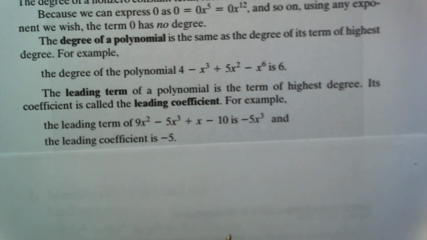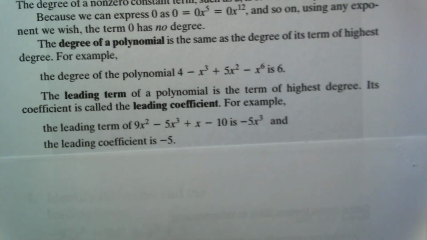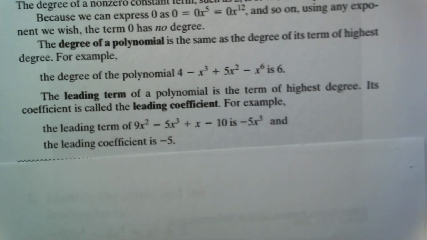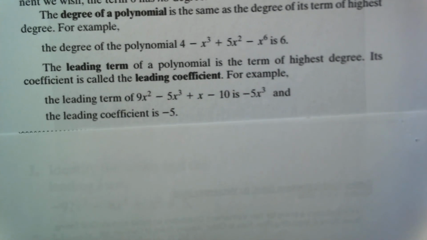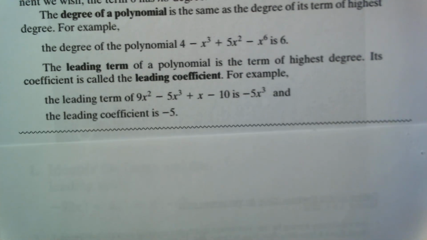And so the leading coefficient is minus 5. Remember what the coefficient is. That's the number that multiplies the variable or the variables.